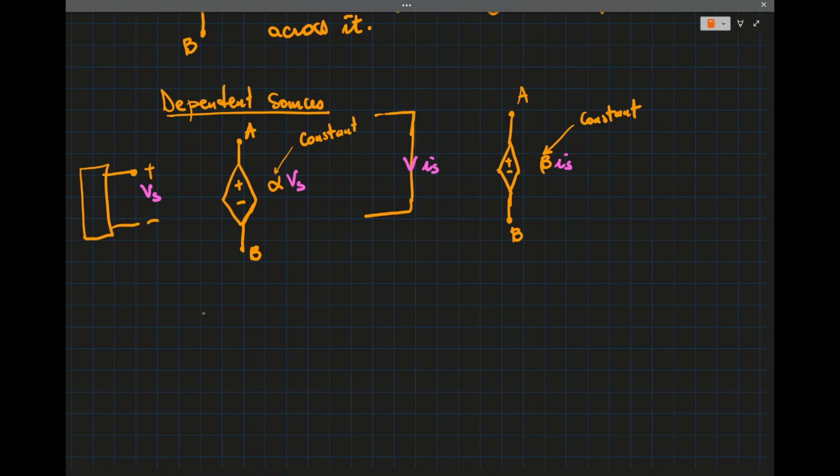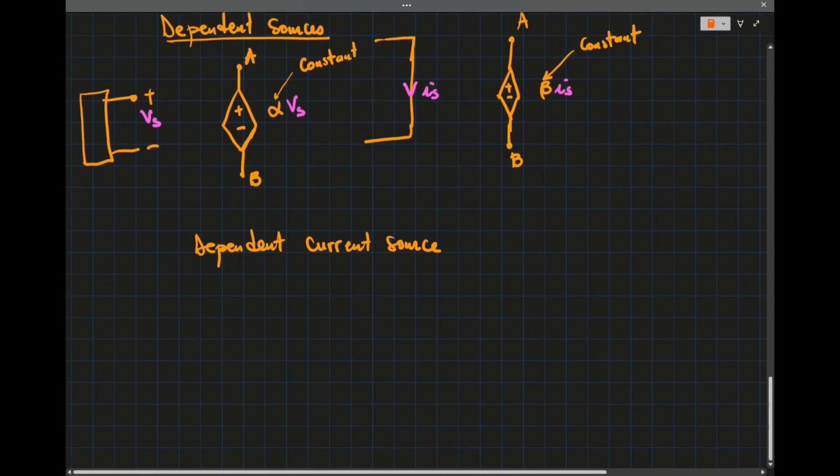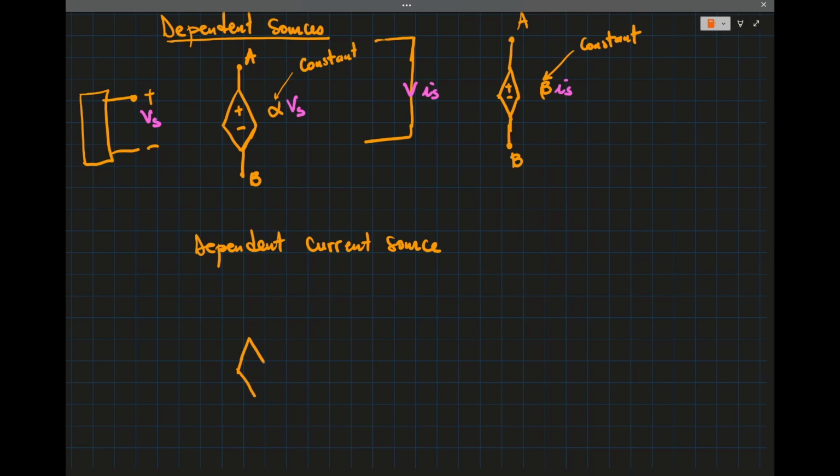Let's talk about the dependent current source. So dependent current source. Okay, so we have, as I indicated above, dependent source. Let's say we have a current.